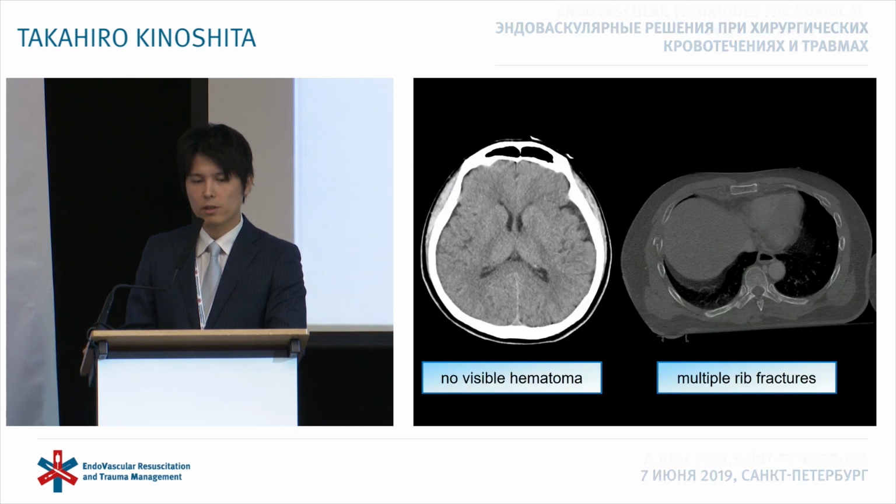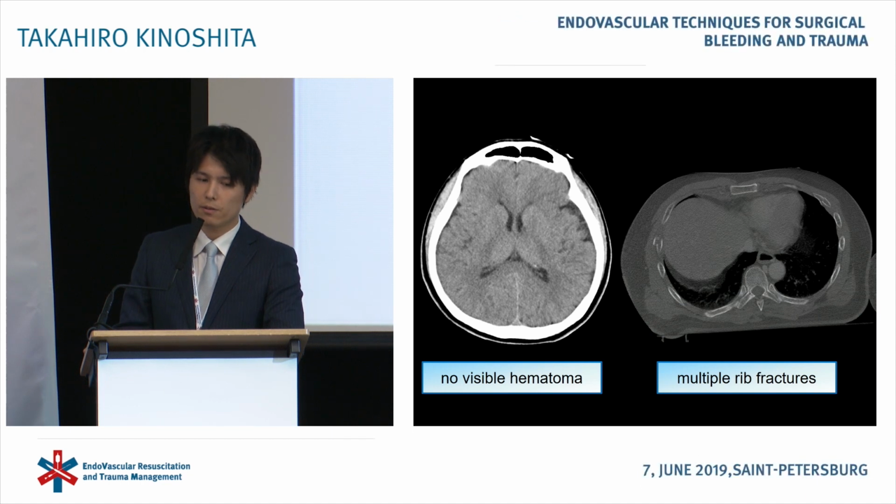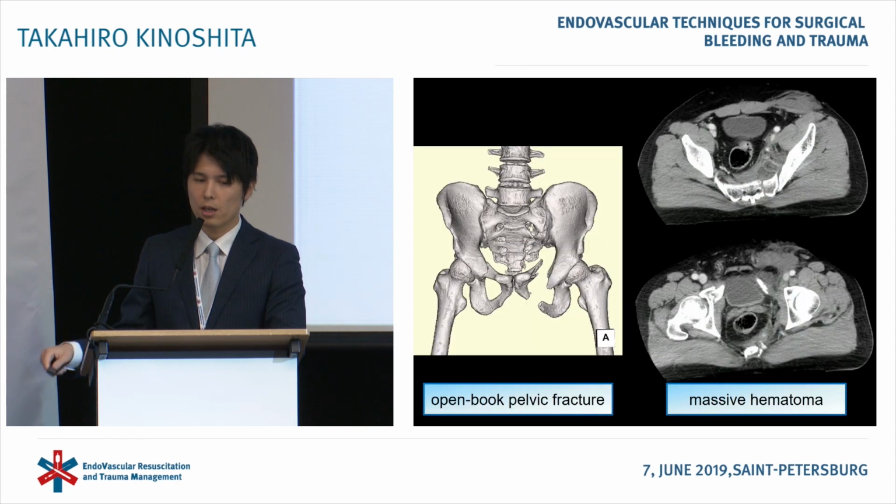In this case, we could start CT scanning within 5 minutes from arrival, and we found multiple rib fractures and open book type severe unstable pelvic ring fracture with massive retroperitoneal hematoma.